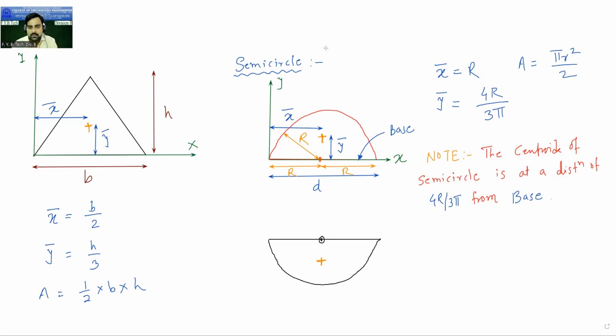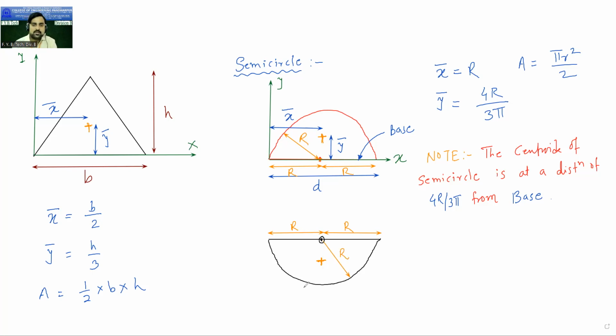Here you can see that this distance is nothing but r, the radius. This distance is r, and this is also r. Up to here, this is also radius r.